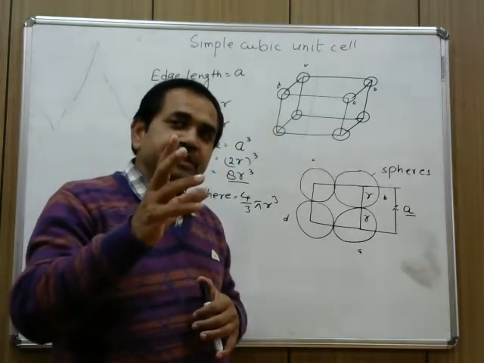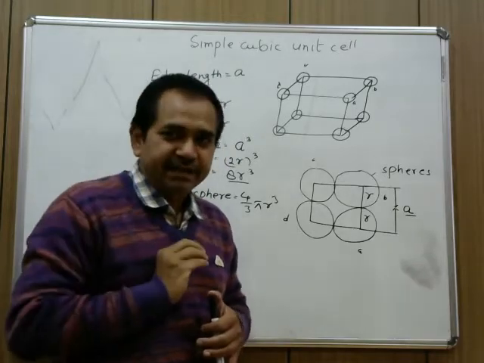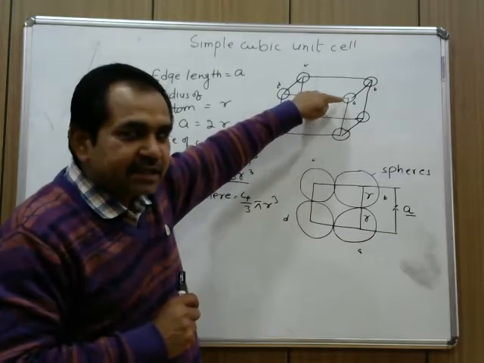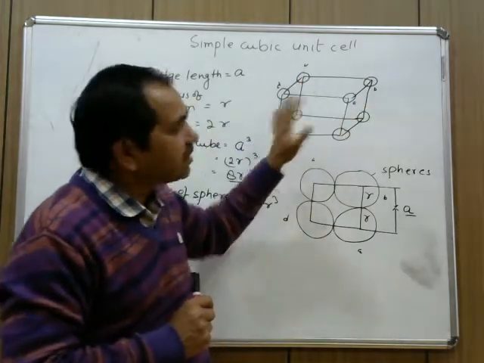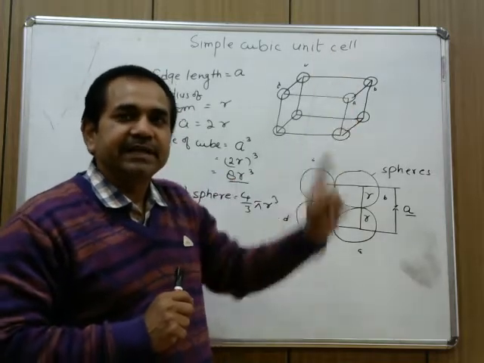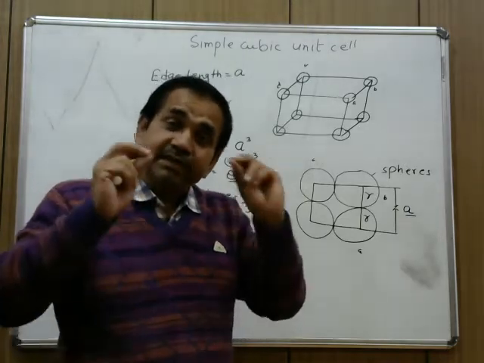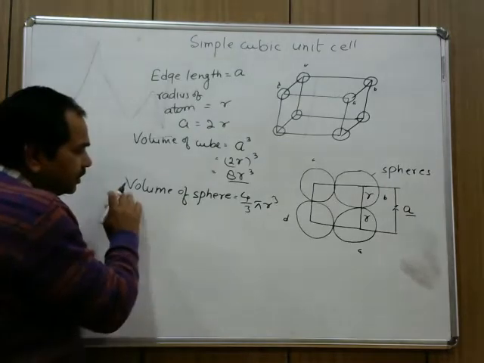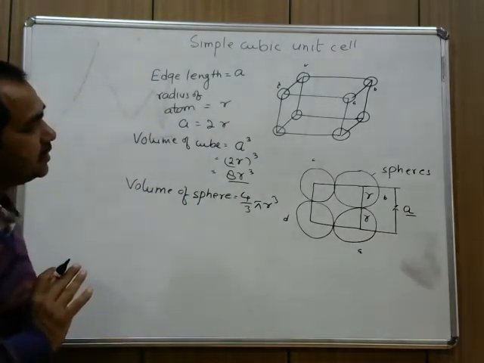So the contribution of one particle to that particular unit cell is only 1 by 8. There are 8 corners, so the total number of spheres is 8 into 1 by 8, that is 1. So since there is only one sphere in the simple cubic unit cell, the volume of the sphere is given by 4 by 3 pi r cube.